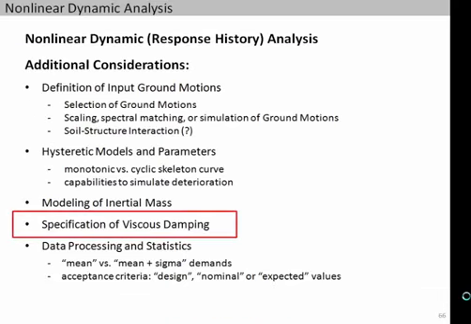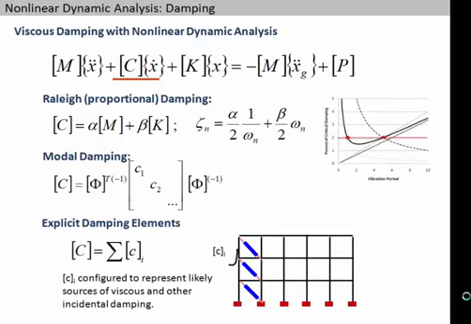A few slides on, there's many things about response history analysis we could talk about. One I just wanted to have a few slides on is looking at viscous damping. Graham Powell calls this unmodeled energy dissipation. What that means is not that we're not modeling it in our analysis, it's that this is the energy dissipation that we're not otherwise capturing in our hysteretic elements.